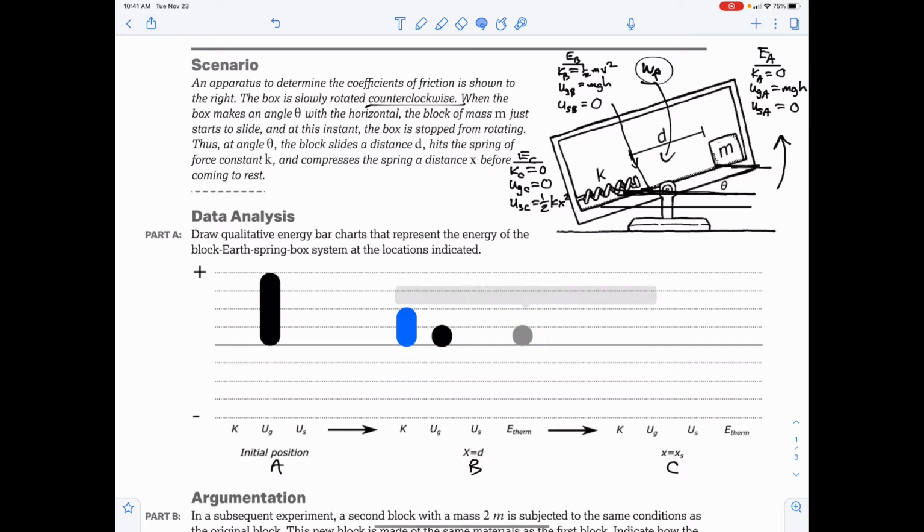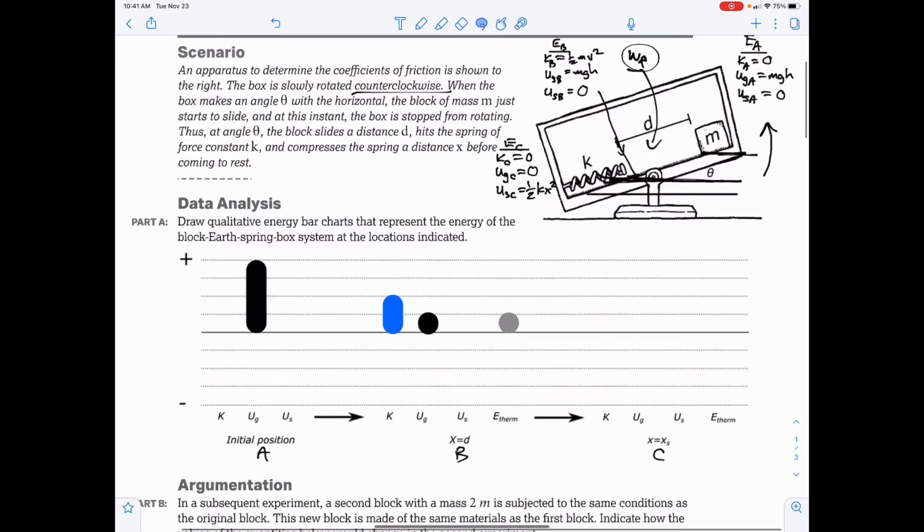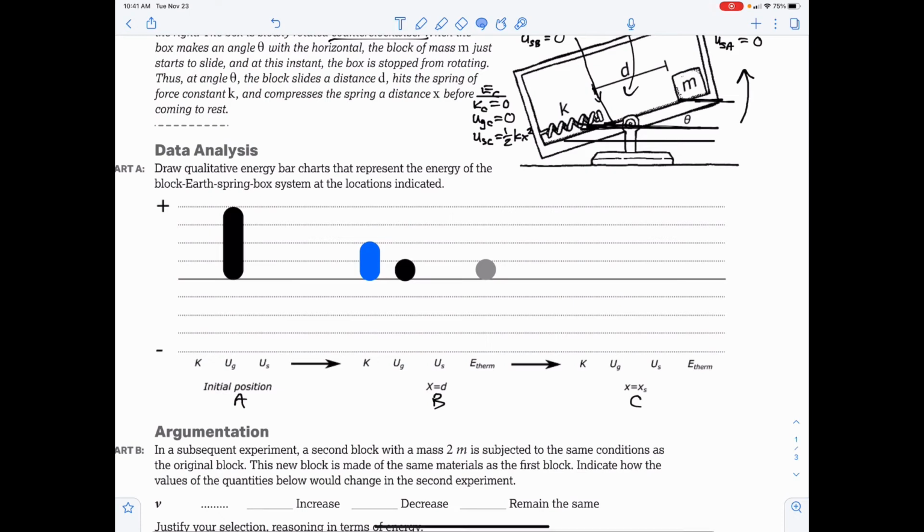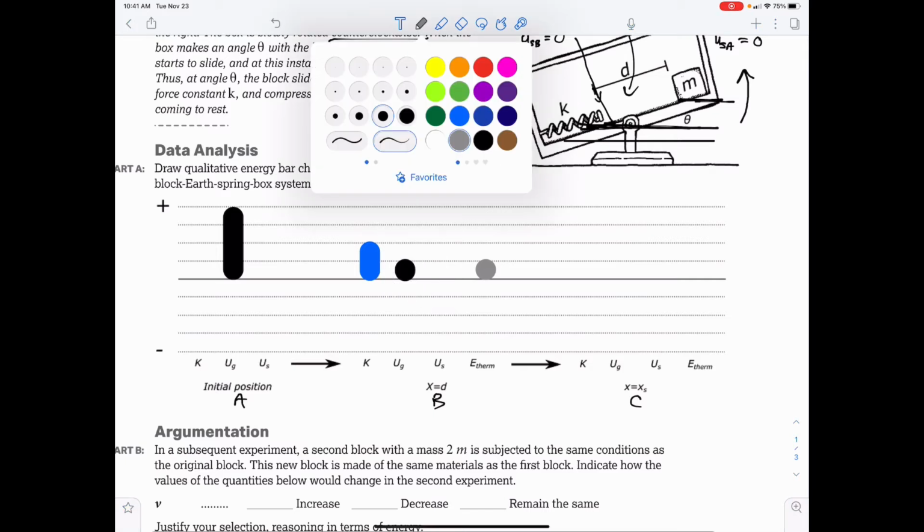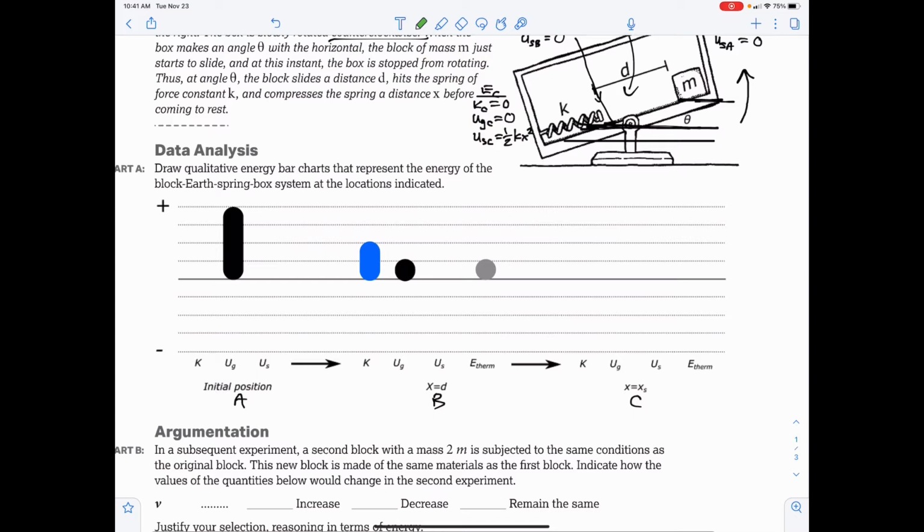Just like that. Notice I have no bars under U_S for spring potential energy because the spring has not yet been compressed at that point. Now what begins to happen is the remaining potential energy is going to convert itself into spring energy. So I'm going to list that one.